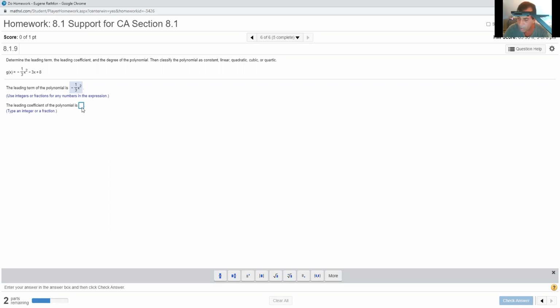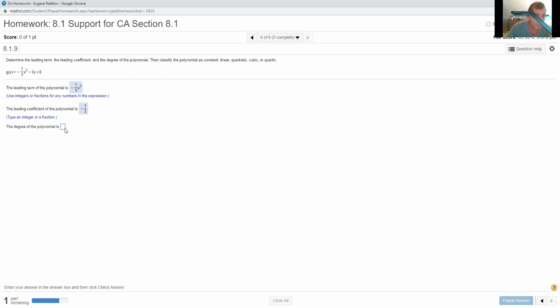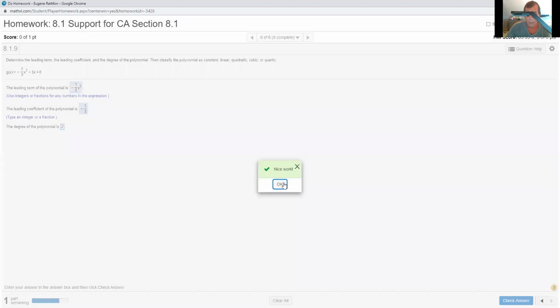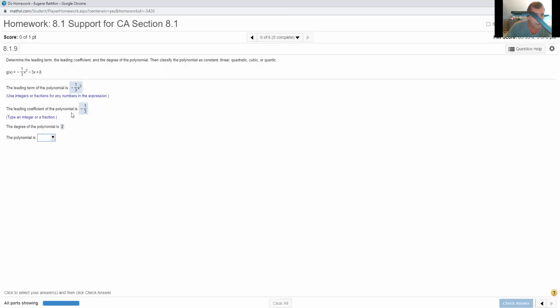So negative 1 divided by 3. Remember, they're going to ask me for what? My degree next. So my degree, the highest exponent is a 2. And then once again, exponent of 2 is quadratic. So check that answer.